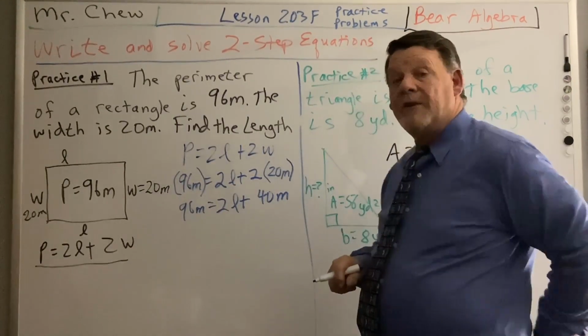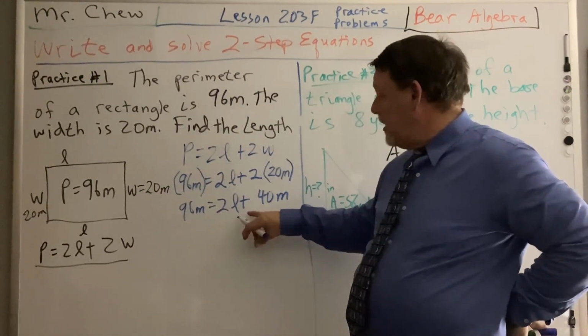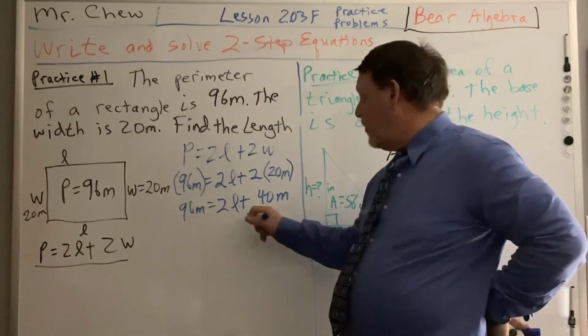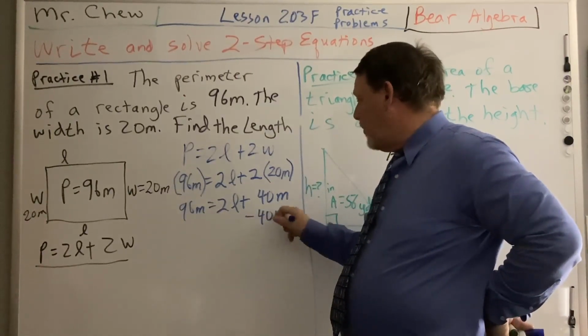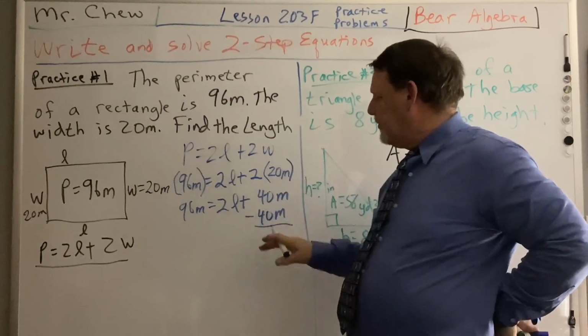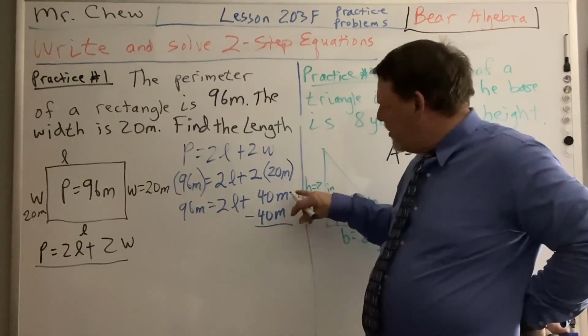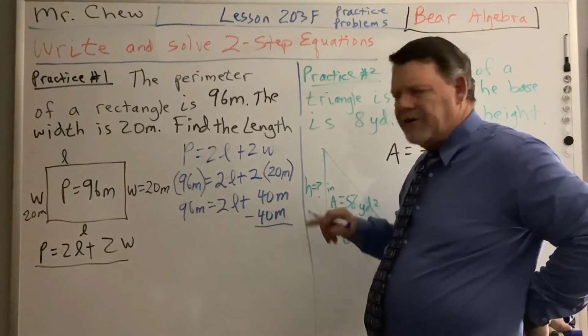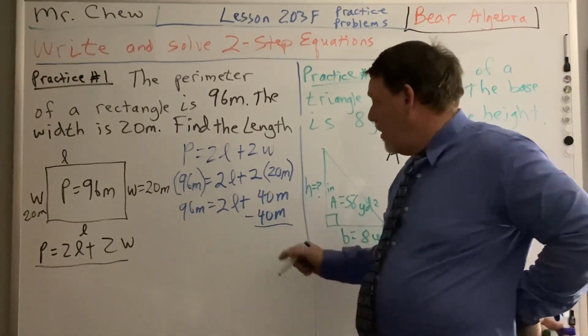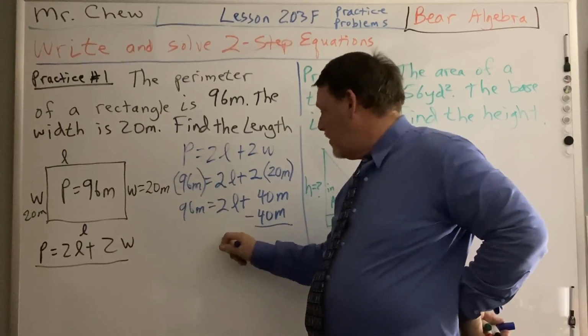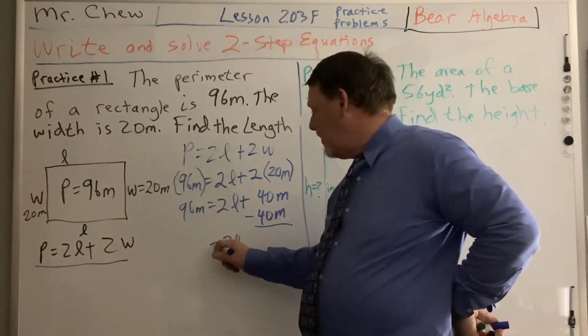Now I need to solve this, and I use the inverse operation. The inverse or opposite of adding 40 is subtracting 40. And I would tell my middle school pre-algebra students to cross that out, but you're an algebra student, and in your mind you should know that 40 meters minus 40 meters is 0. And then 2L plus 0 is 2L.